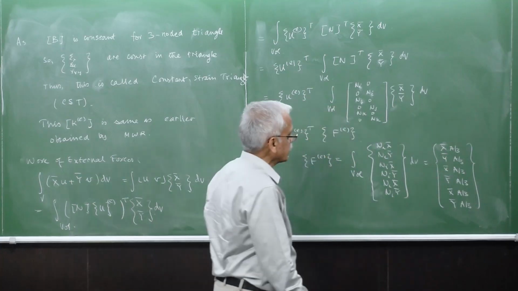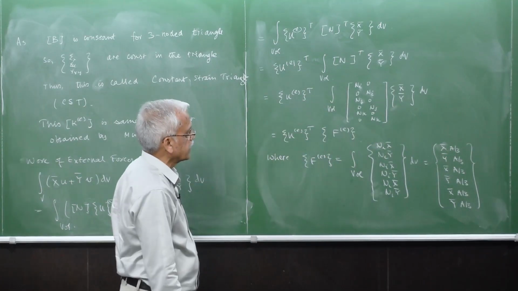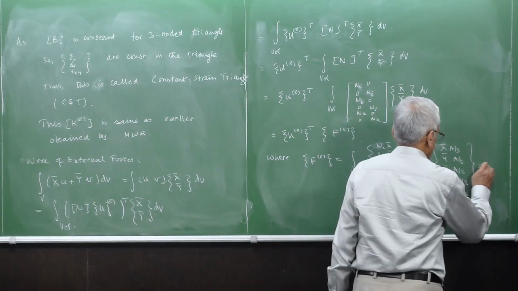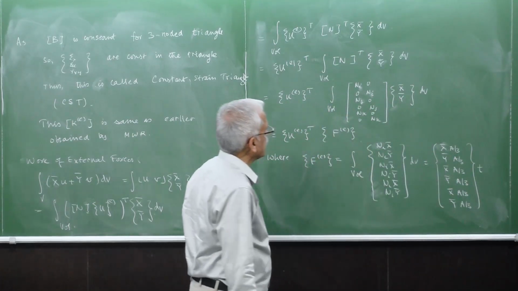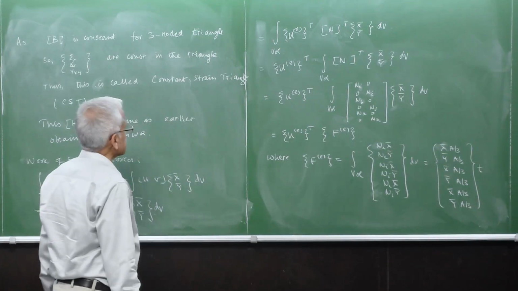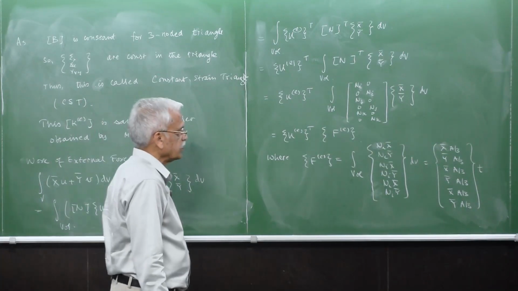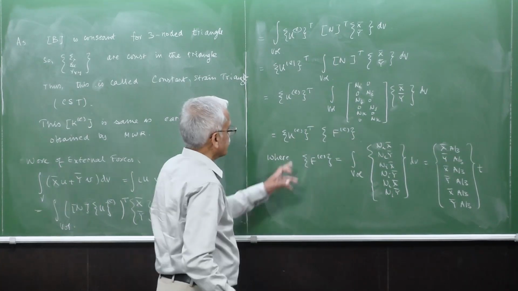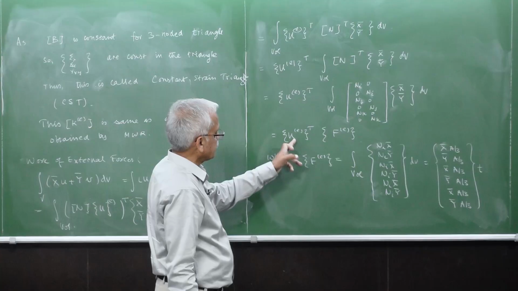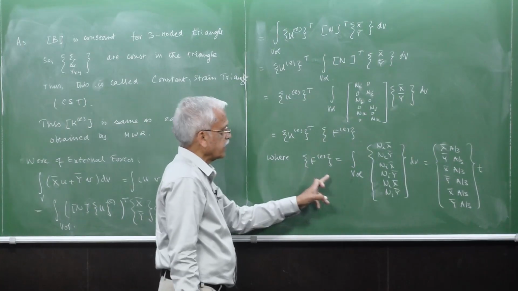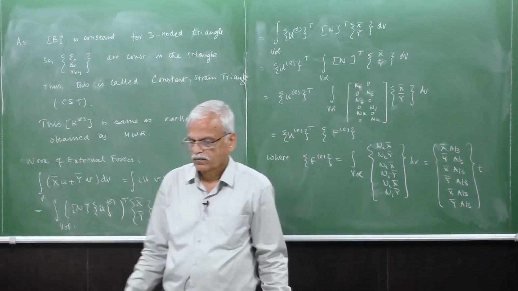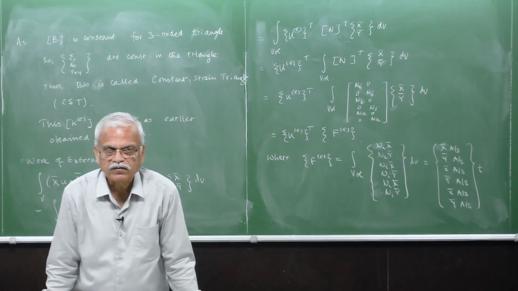So this is because the integral of Ni over the area is A by 3, and we can also use the thickness t here, right? So this is the work of external force, which is UE transpose Fe, where Fe of the element is given by this one. So this is as far as the body forces are concerned.